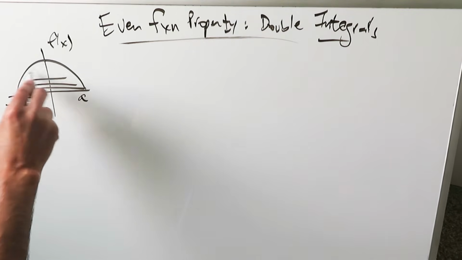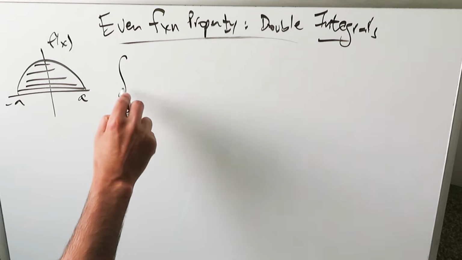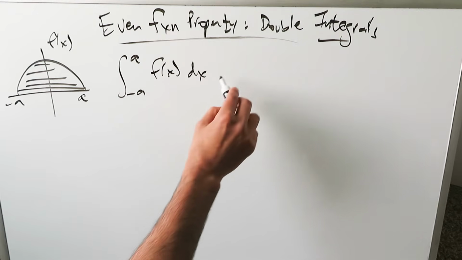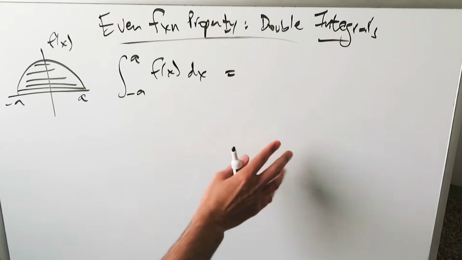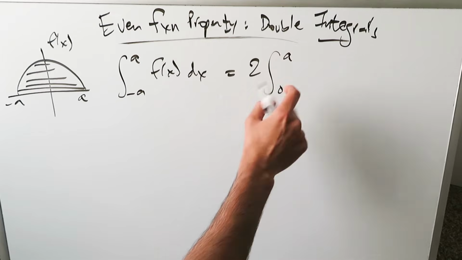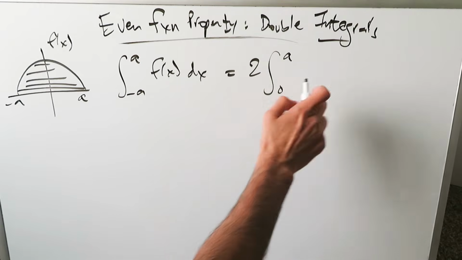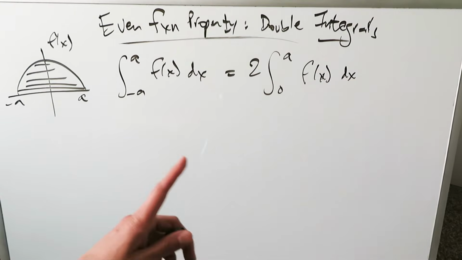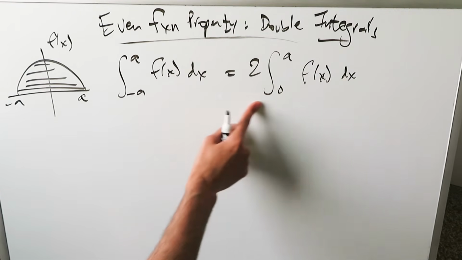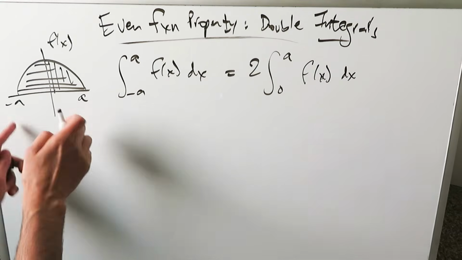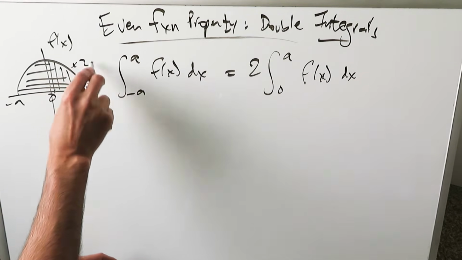The area over here, in terms of single integrals, you can represent it as the integral from minus a to a of f of x dx, which would be equal to a shorter, handier version of this integral from 0 to a, evaluating it and multiplying by 2 f of x dx. You've seen this, and this is a property which is applicable and represented in terms of single integrals. Rather than doing area from minus a to a, you do 0 to a and you multiply this by 2.